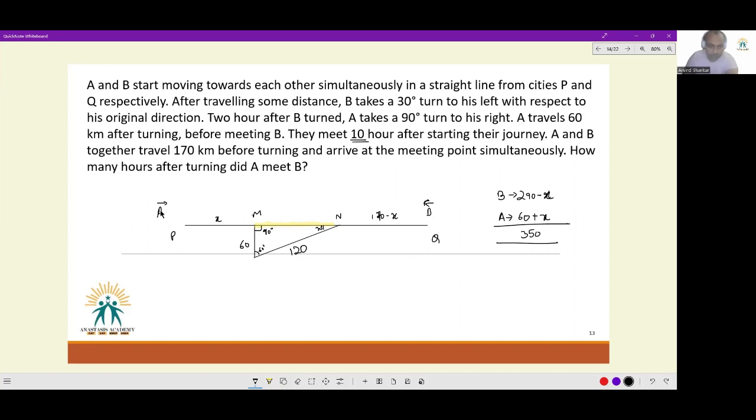So if I take speed of A as small a, speed of B as small b, can I say A plus B into 10 is equal to 350, or sum of their speeds is 35. Sum of their speeds is 35.